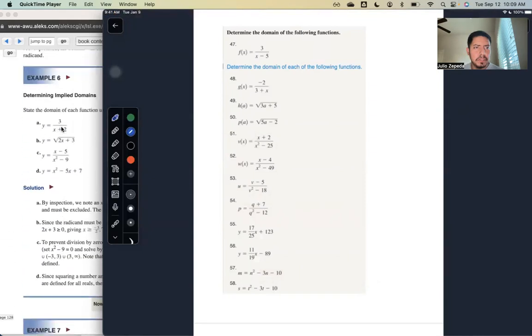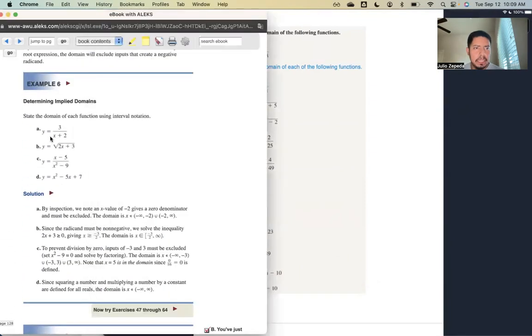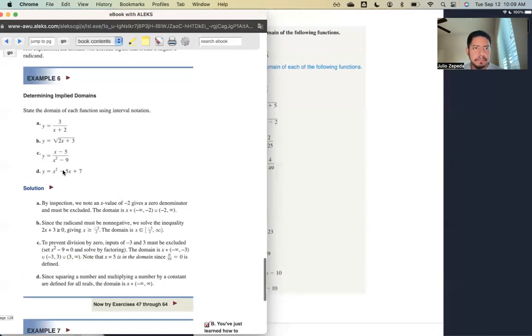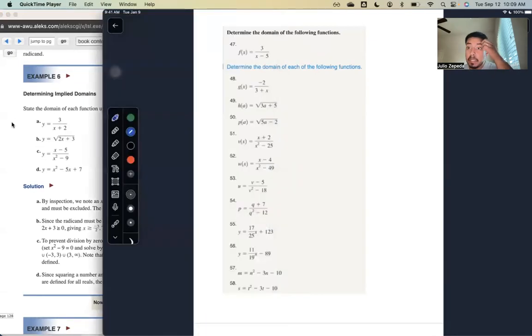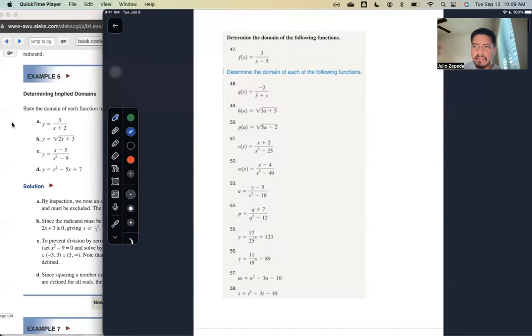What if we're given a function as an equation? How can we find the domain, the implied domain of these functions? Well, for a rational function, meaning a function that's a fraction that has a polynomial on top and a polynomial on the bottom, we'll take number 48 for example.